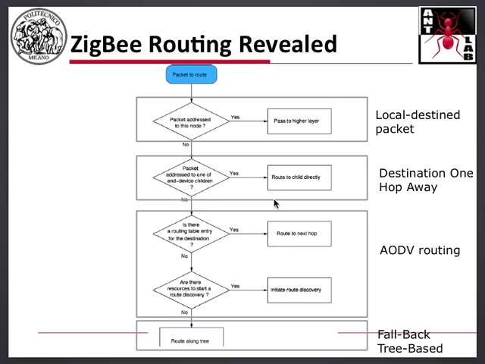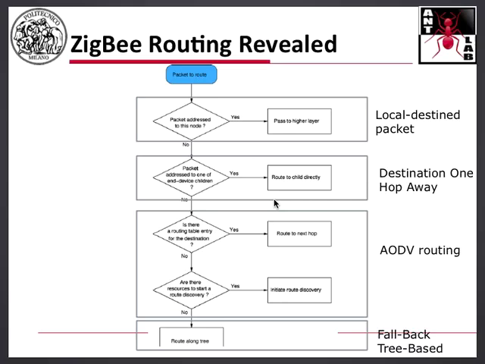In AODV, this is done on demand, which means that the routing process is triggered only when one packet has to be routed. It's not done periodically. That's the main difference from a standard distance vector protocol.